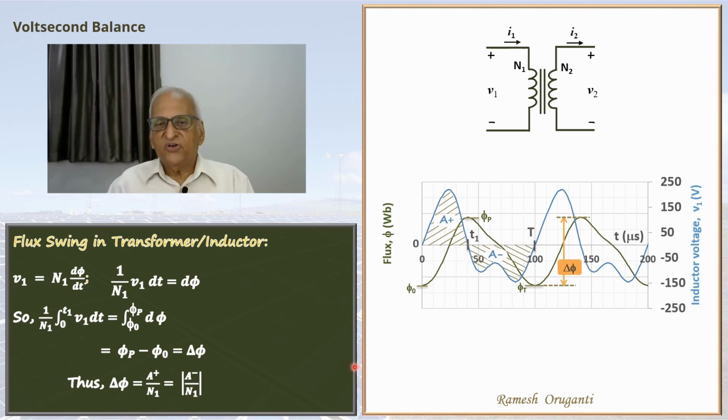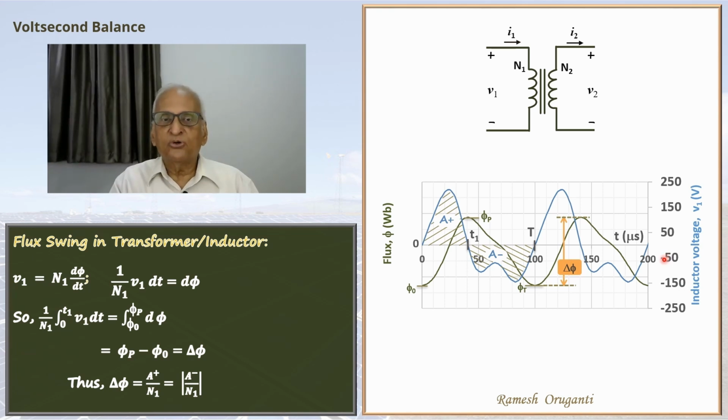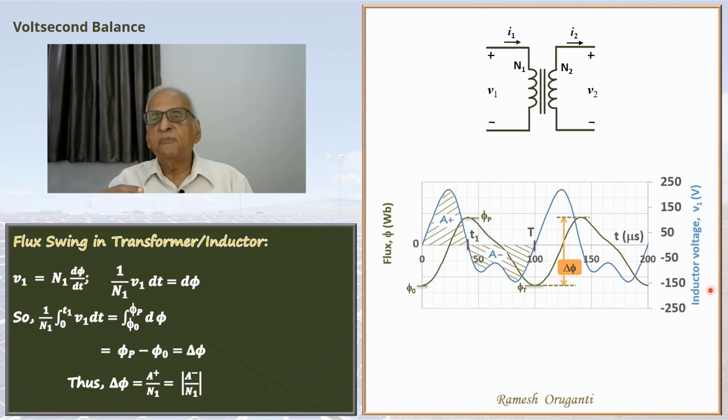If I know the average flux, and then I know the delta phi, then I can find out maximum flux in the positive direction and maximum flux in the negative direction. If I divide that by the core cross-section area, I will find the maximum flux density. That is useful in determining how far away we are from core saturation.